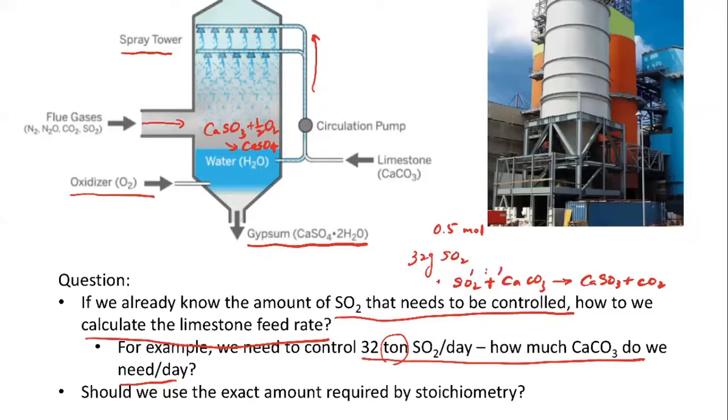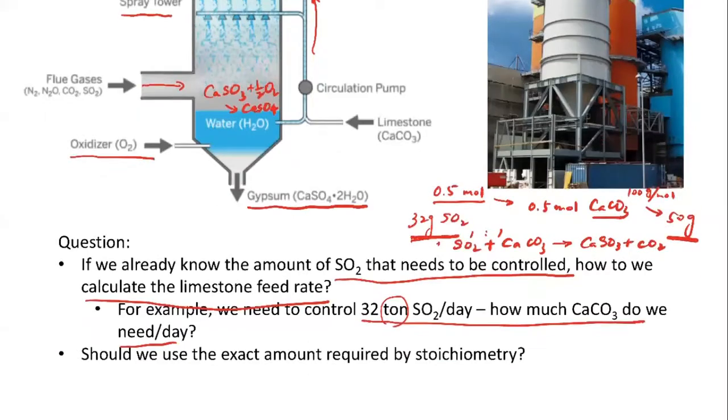What that means is if we want to neutralize 0.5 moles of sulfur dioxide, then we need 0.5 moles of calcium carbonate. Okay, so the molecular weight of calcium carbonate is 100 grams per mole, right? So that means we need 50 grams. So 32 grams of sulfur dioxide needs 50 grams of calcium carbonate, right? So that's why 32 tons of sulfur dioxide needs 50 tons.